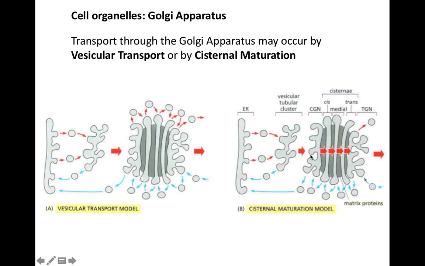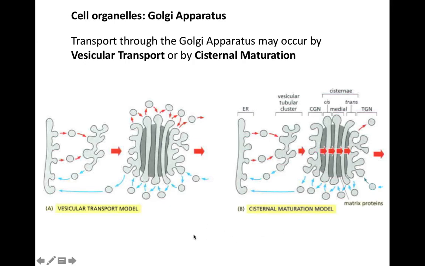In this way, these cisternae move from the cis face towards the trans face, and during the movement, the proteins that they contain get matured. Later at the trans end, vesicles bud off and are transported either towards the plasma membrane or towards different cellular organelles.